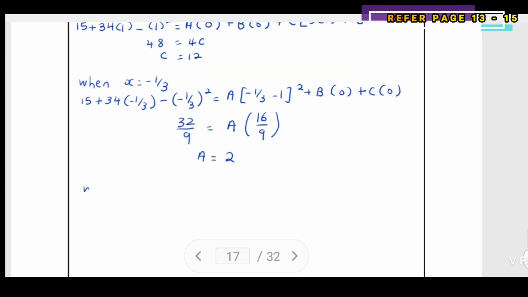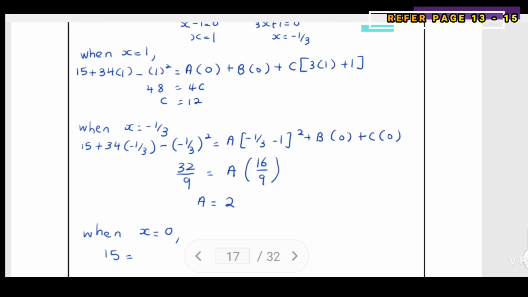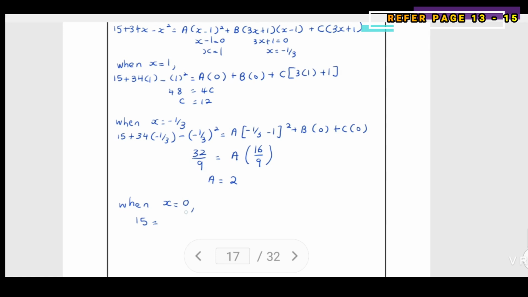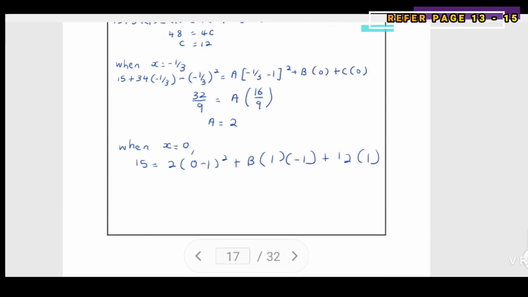Next, we have to choose another x to be substituted into the equation. So we choose x equals 0. When x equals 0, we're going to get 15 on the left hand side. And on the right hand side, we substitute a = 2 into a times (0 - 1)² plus b times (3 times 0 + 1), so 1, plus c, which is 12, times (3 times 0 + 1), so 1.